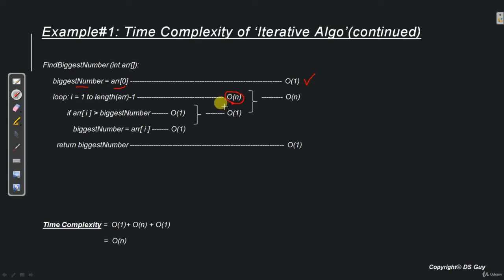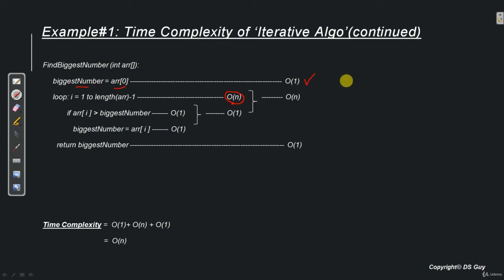Now you might be wondering that it should be order of n minus 1, because we are starting from 1 and not from 0. That is a valid question, but when we are dealing with numbers like n, we always avoid the constant numbers. 1 in this case is a constant, so we are avoiding it.